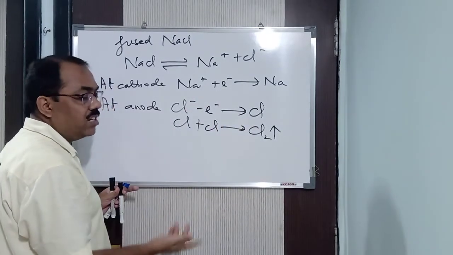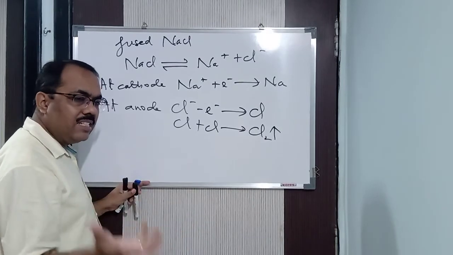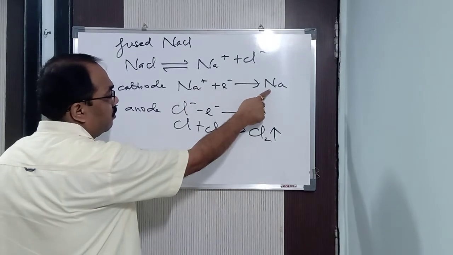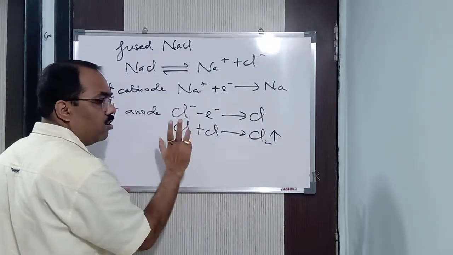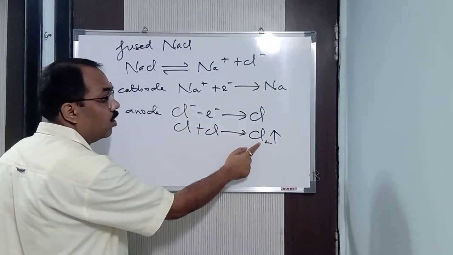Secondary change means if the neutral particles you are getting are obtained as they are, like in the case of sodium, no problem. But in the case of chlorine, we are not obtaining it as it is. It combines with another chlorine atom to form a chlorine molecule or chlorine gas.